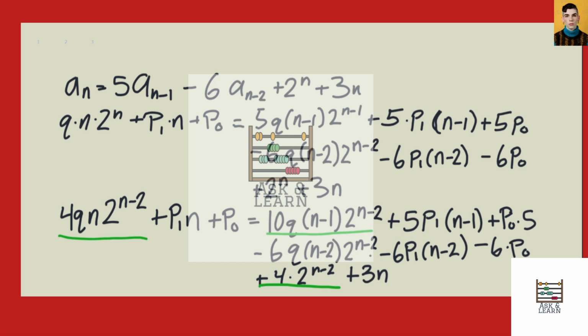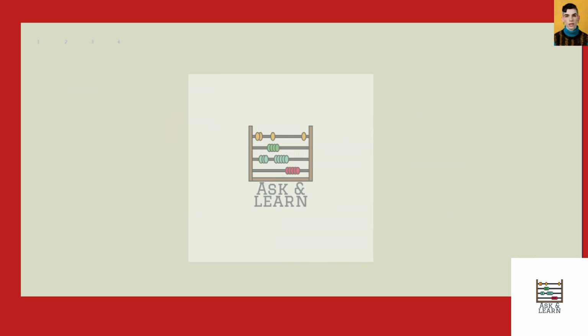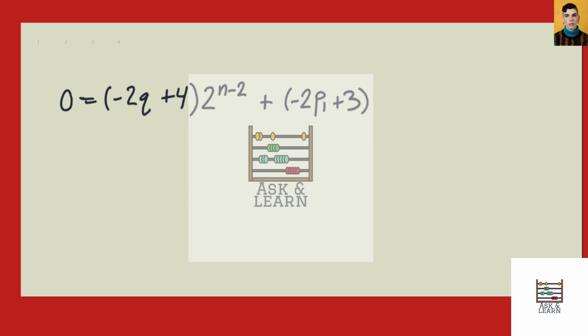Okay, once we do that, what we end up with is 0 is equal to (negative 2q plus 4) times 2 to the n minus 2, plus (negative 2 times p1 plus 3) times n, plus (7 times p1 minus 2 times p naught).